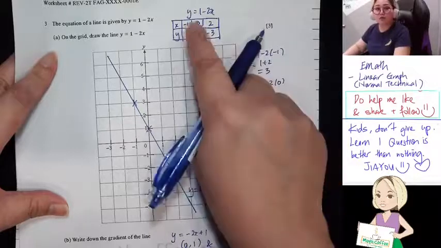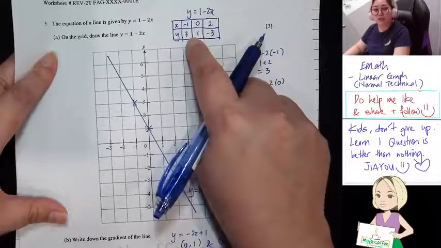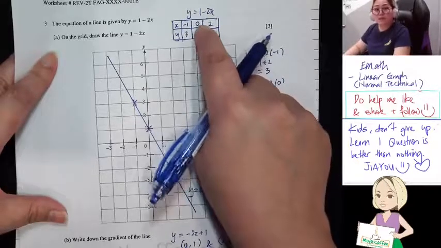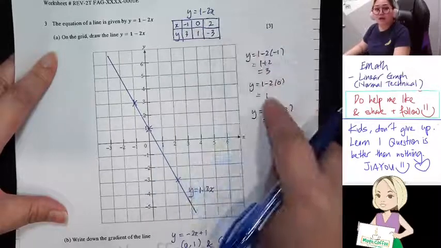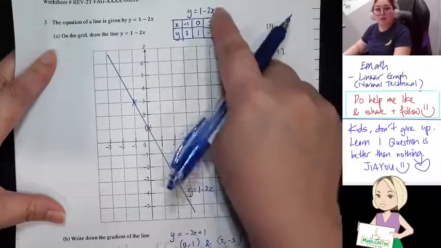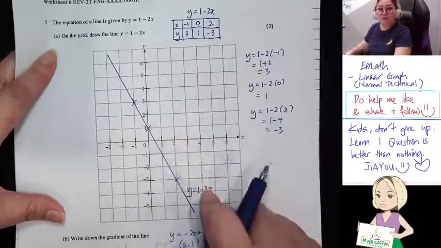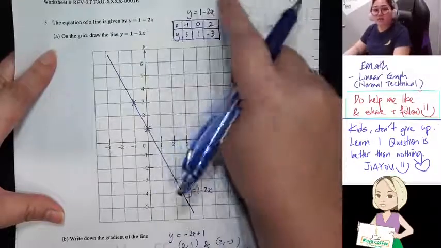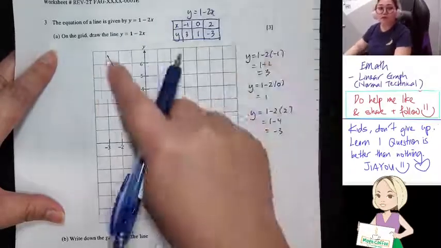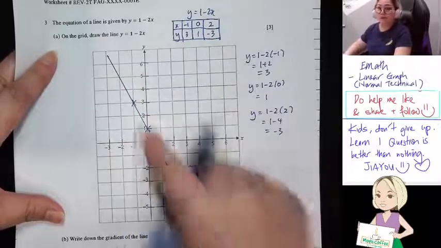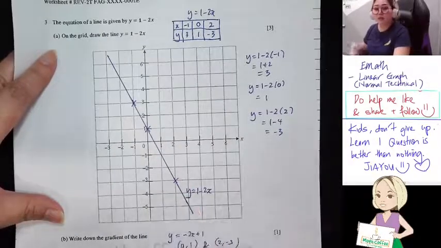So the point is -1 and 3. If it's 0, I sub 0 and I find the corresponding y is 1. So it becomes 0, 1. Then you plot. Even if you choose other x values and find the corresponding y, don't worry, because it will still be on the same line. Then you just need to join the points and it will become the line.